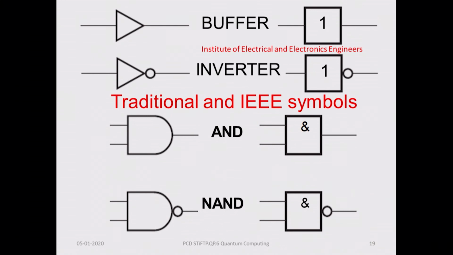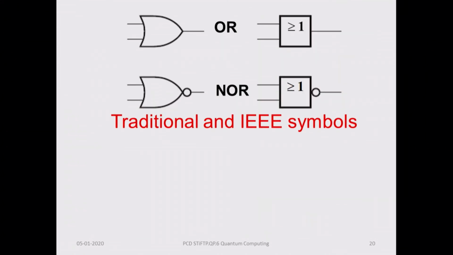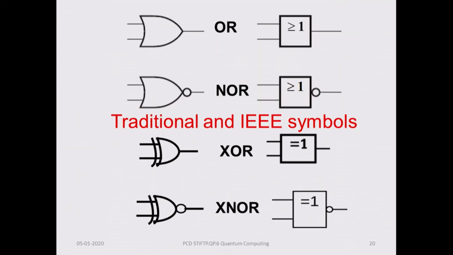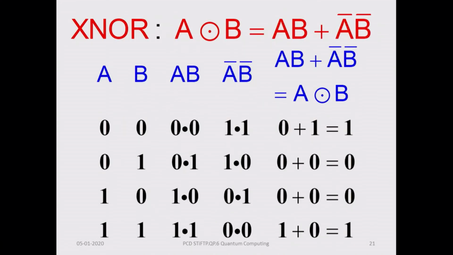So, the AND gate is represented one way or the other, but as long as you know what symbol represents what, you can figure out what logic is involved. So, you have these traditional and IEEE symbols of different kinds, okay? And then using these, you can develop more complex gates and more complex electronic circuits.